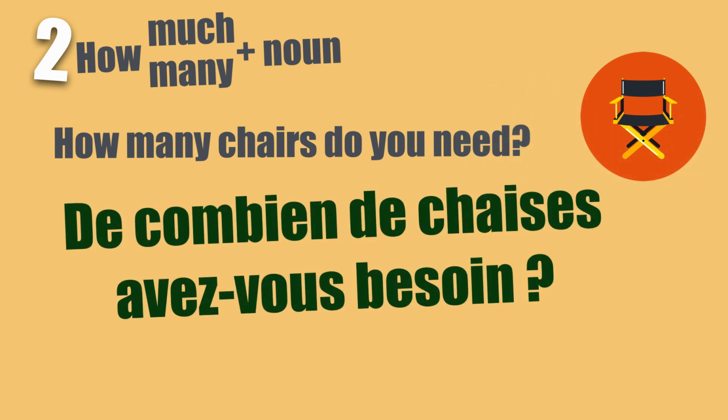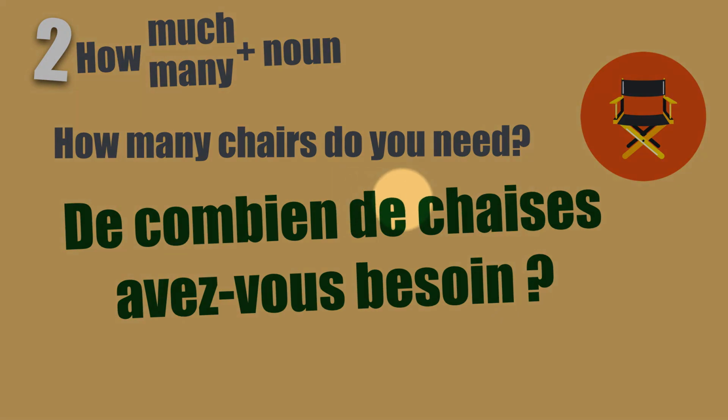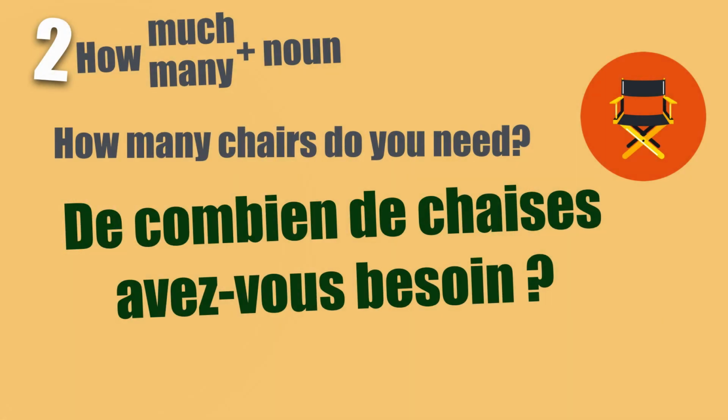So why do we have twice the word de? Well, the second one here, we understand it comes from the expression combien de, because chaise is the noun. But why do we need here a first de? It is because of the translation of to need in French. To need is avoir besoin de.